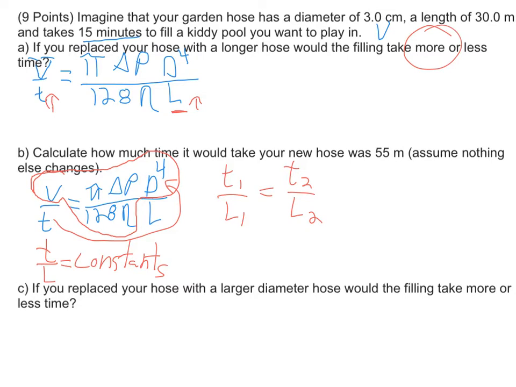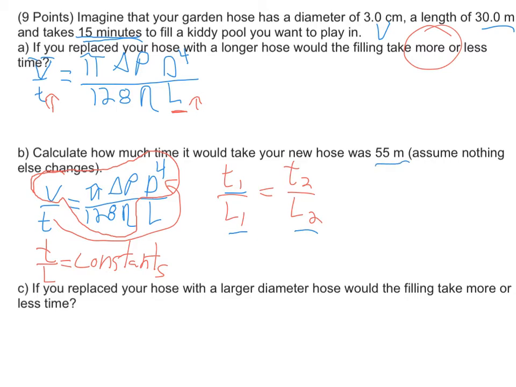Once we have this relationship, we can solve for the new amount of time it would take. Let's make sure we identify our variables really quickly. What is T1? That's the time it takes initially, 15 minutes. What is L1? That's the original length, 30 meters. What is T2? I don't know, that's what we want. What is L2? 55 meters.